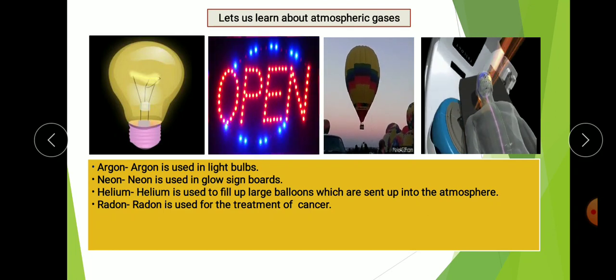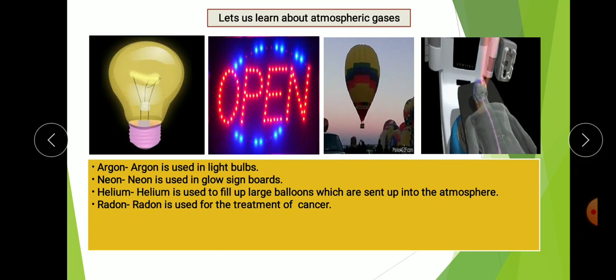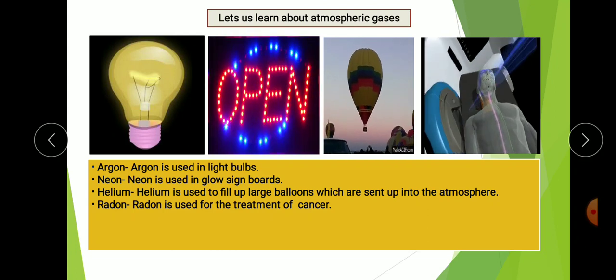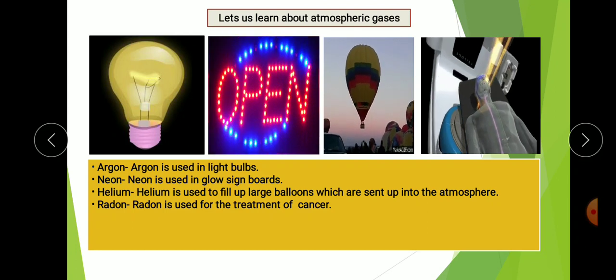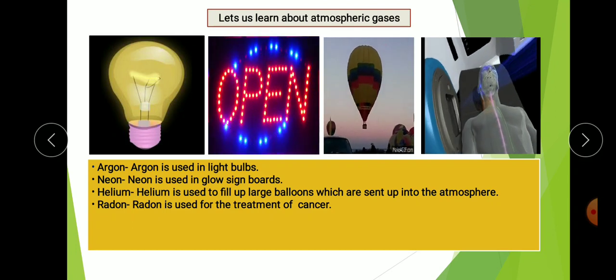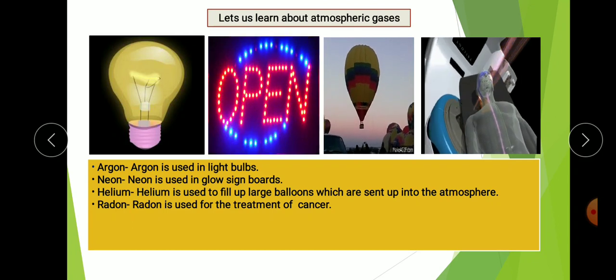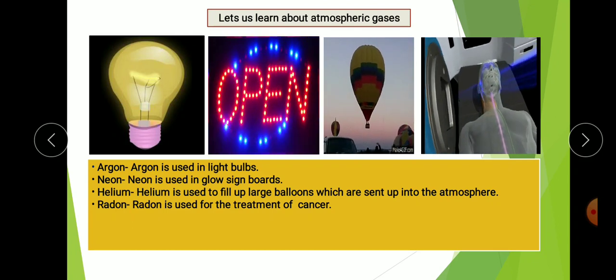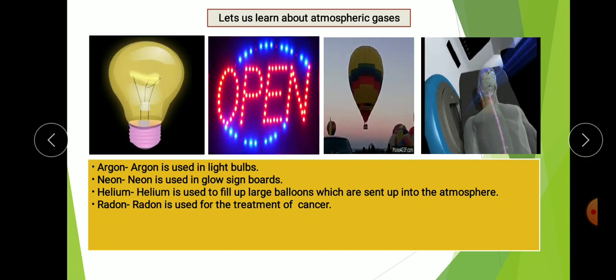You can see in the image, students, that first is the light bulb, in which argon is used, and neon is used in glow signboards, and helium is used in large balloons. Next is radon. Radon is used for the treatment of cancer.